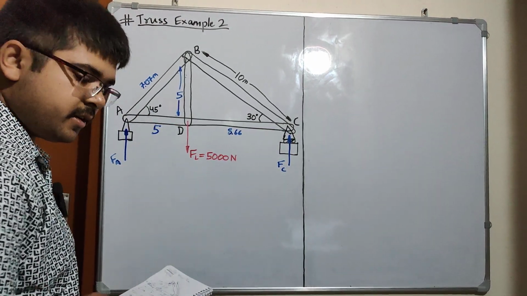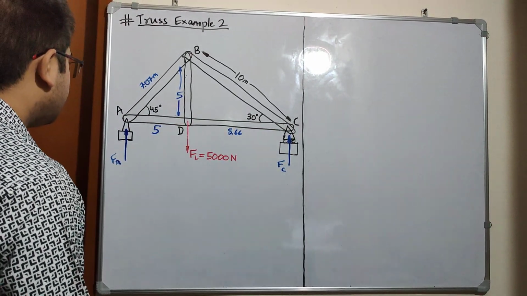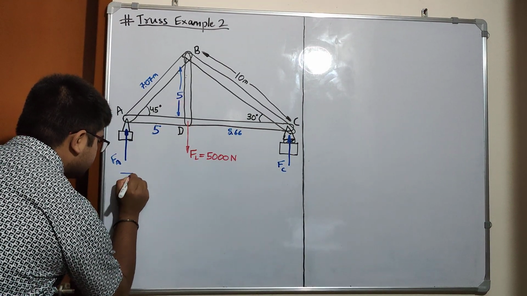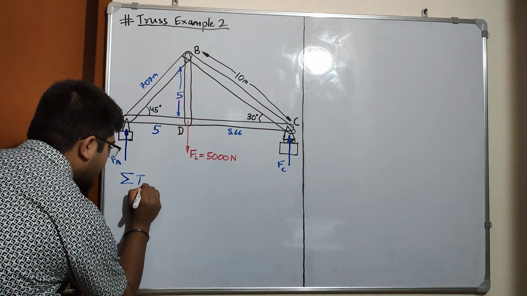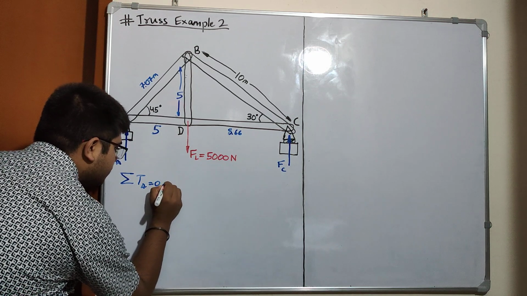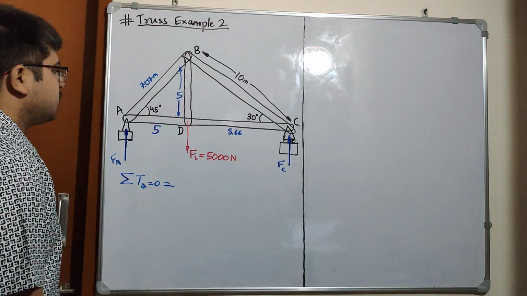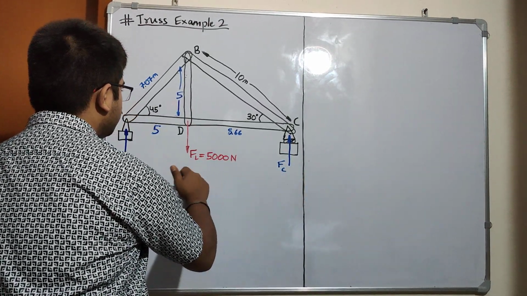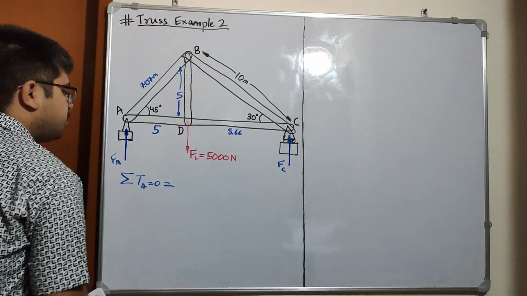So we will start by doing summation of torque about point A. So summation of torque about point A equals 0. This equals torque. Torque is Fc cross 13.66.